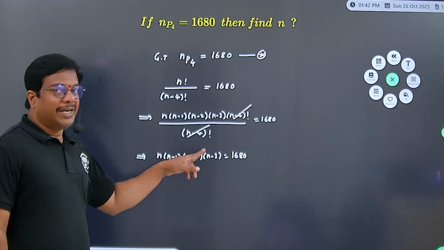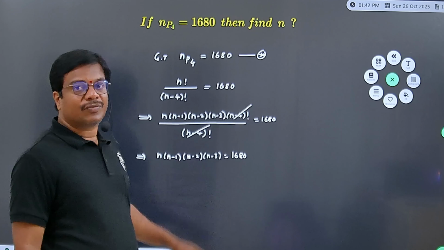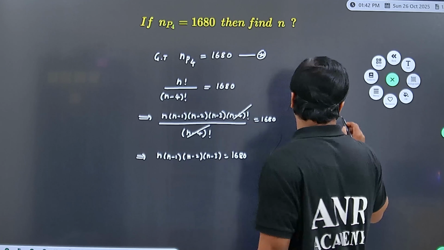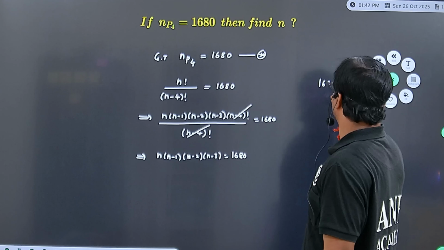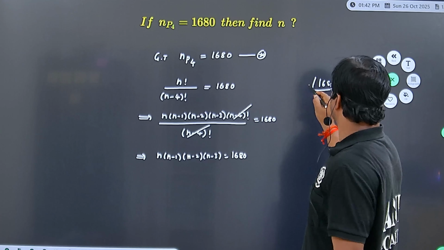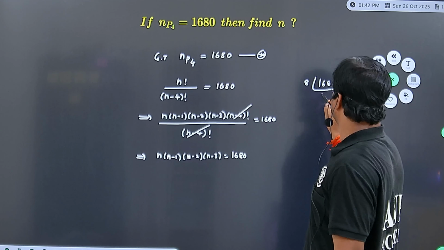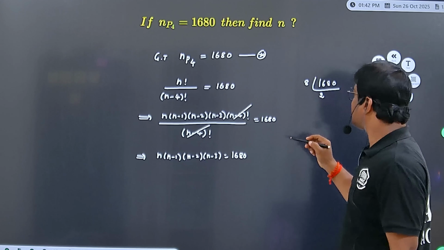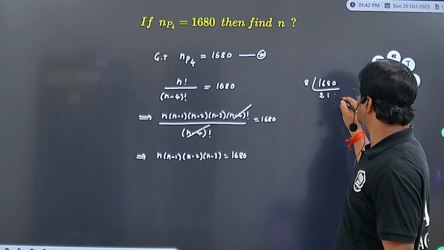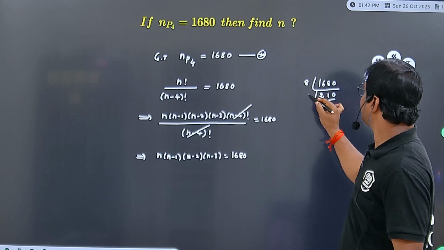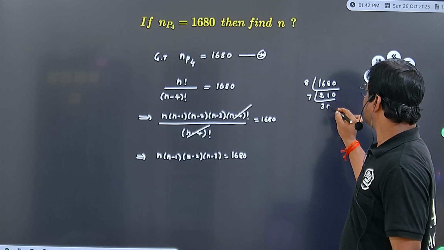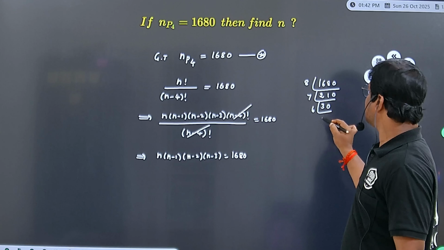Now the aim is to write 1680 as product of 4 successive terms. Let us see. 1680 you can divide with 8. 8 twos are 16, 8 ones are 0. Next 7 into 30. Next 6 into 5.